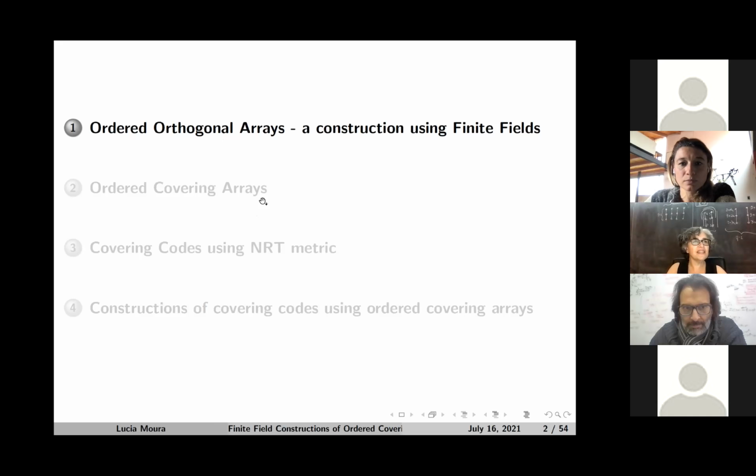Those designs have to do with covering codes on a different type of metric, the NRT metric. So bounds that come from ordered orthogonal arrays and covering arrays can help us with upper bounds on covering codes. This would be the third section, relating them. But instead I will concentrate on the first combinatorial designs and on finite field constructions for them. The slides have all the rest, so I could share them if somebody is interested in the other topics.